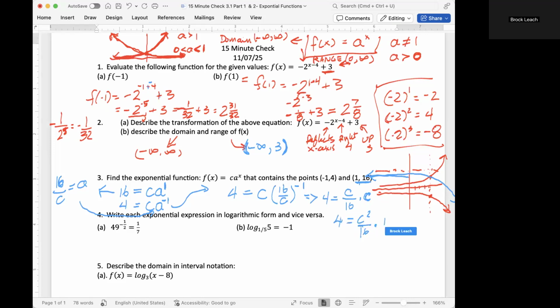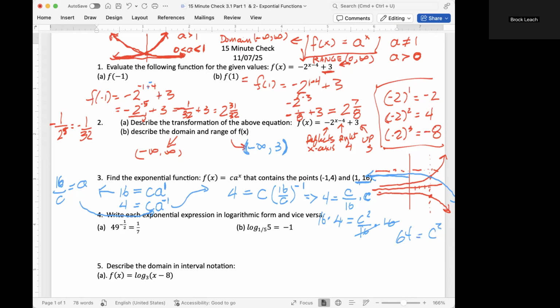So if we multiply both sides by 16, this 16 cancels out. So I have C squared is equal to 16 times 4, which is 64.